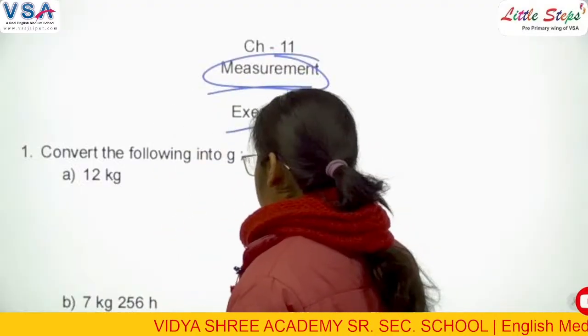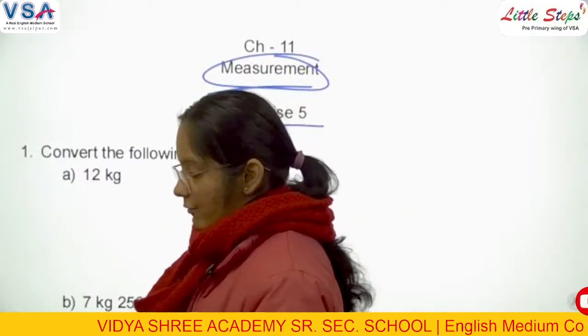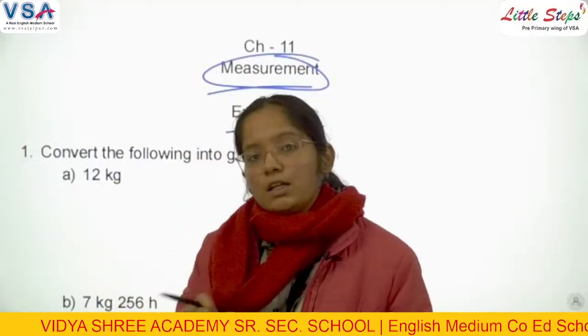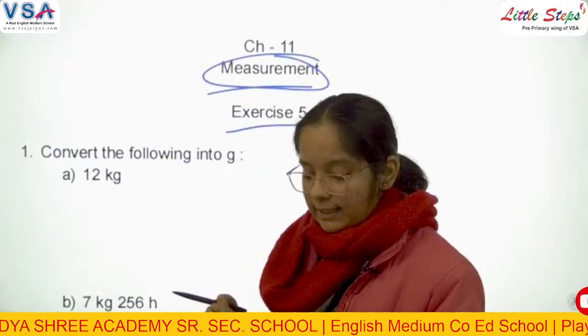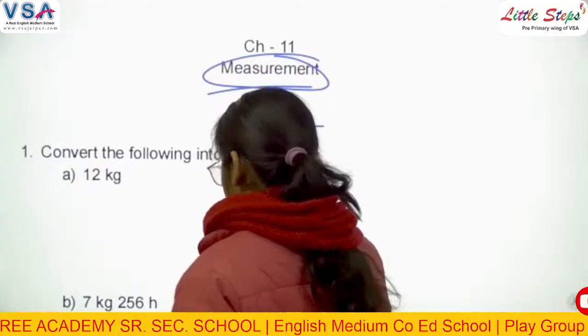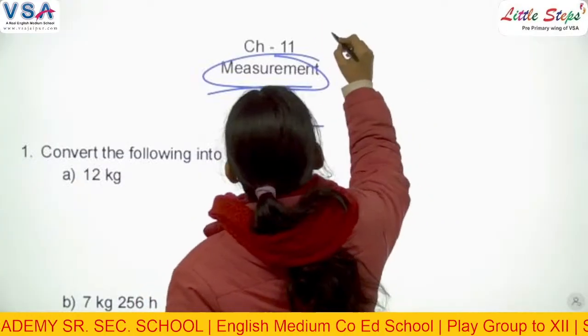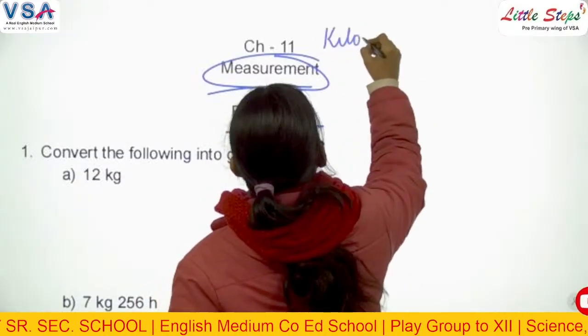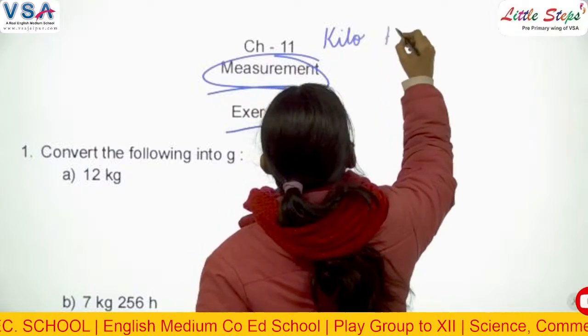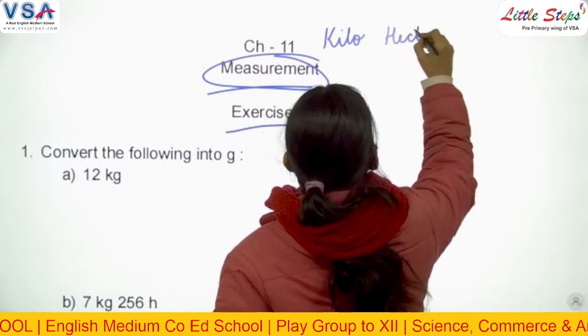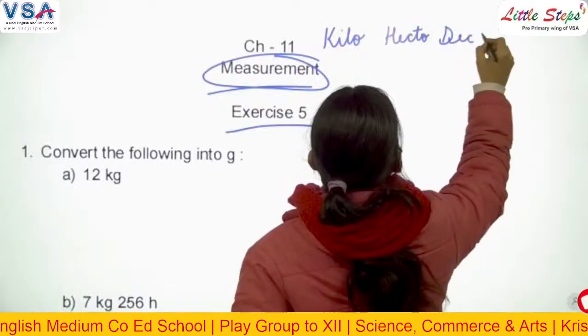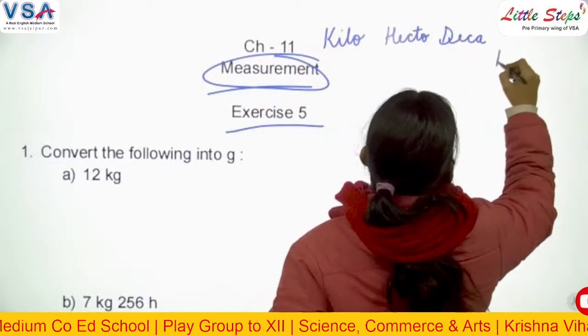So let's start. First of all, we know that we have to make the measurement table that we have already done. I can make it here: kilo, hecto, deca, then basic unit.